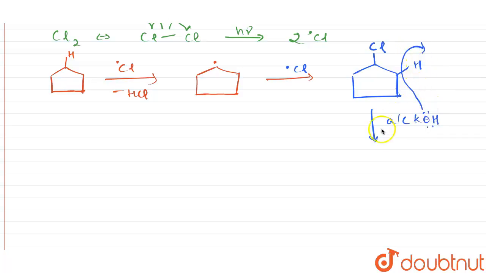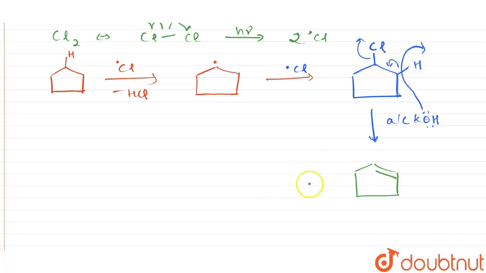So it is removing one hydrogen and here we are going to get a negative charge present, and that negative charge which is formed will shift over here. So basically the bond shifting and the Cl will be removed, right? So the molecule will have a structure now like this. So a double bond has been obtained.